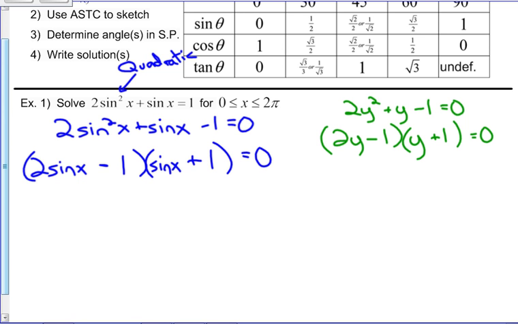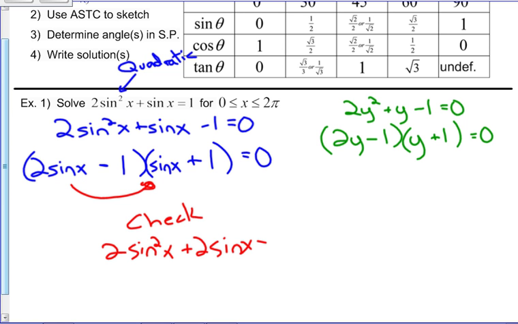And let me just check. That would give me 2 sine squared x plus 2 sine x minus sine x minus 1, or 2 sine squared x plus sine x minus 1. Hey, that's what we started with. So we must have factored it properly.